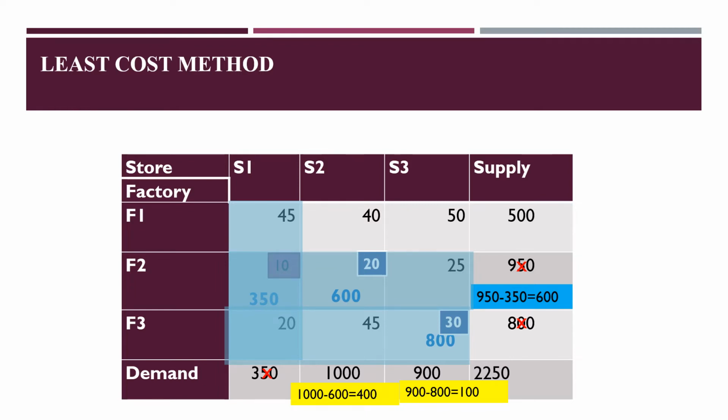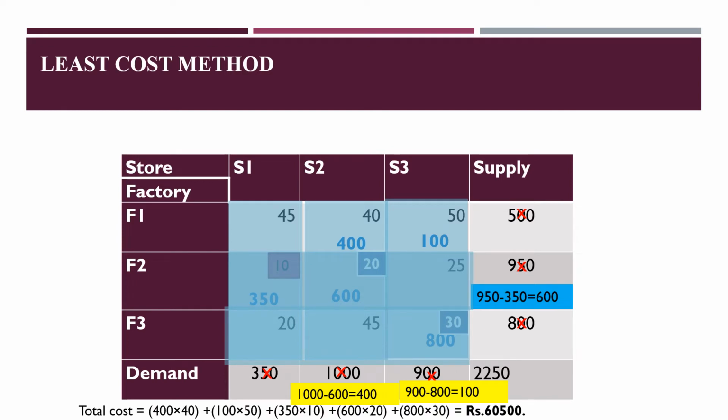This 100 units will be supplied from the F1 factory to S3 store, and the remaining 400 units will be satisfied by the F1 factory to S2. Now all the demand conditions and supply conditions of these factories are satisfied. Now the next step is to calculate the total cost. In this question, when we multiply the transport cost of the particular cells, we get the total cost as 60,500.